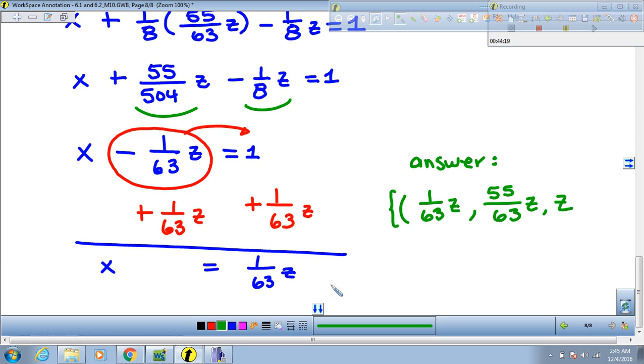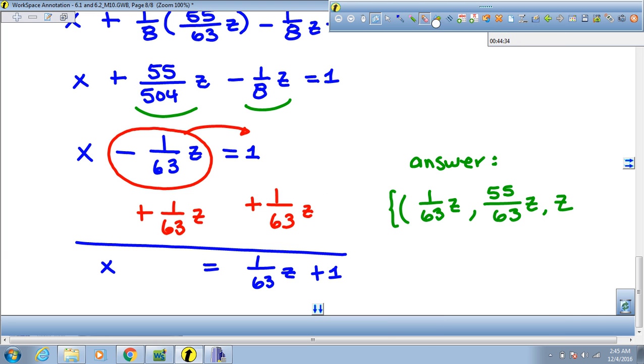And I feel that I missed something. Yes, here, sorry, I forgot to bring down the 1. There was a 1, right? And these are not like terms, and I don't know why I forgot and ignored the 1. So here, we're also going to be putting the 1.